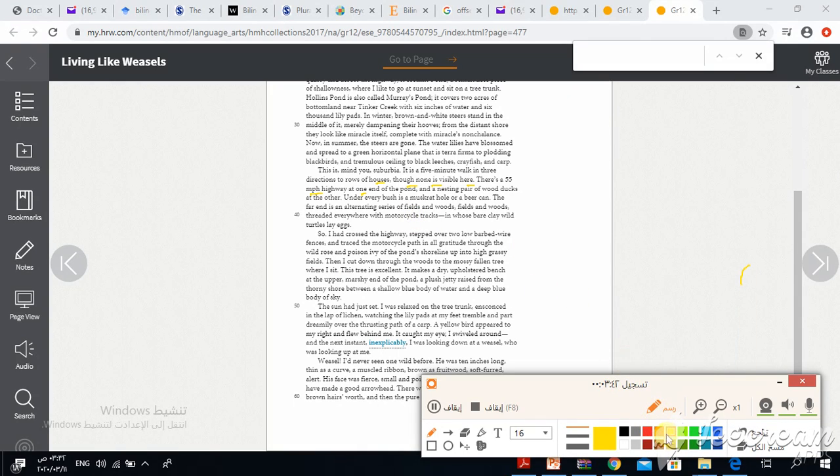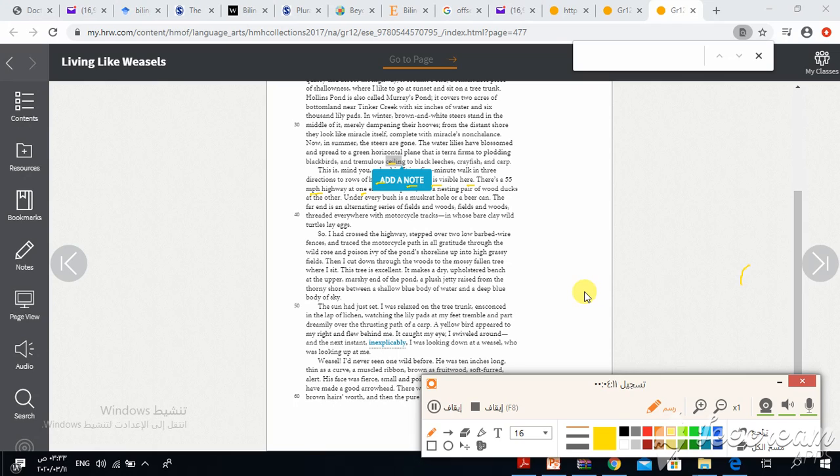So the floor and ceiling, both of them are two contradictory terms, and in this case we have an example of juxtaposition.